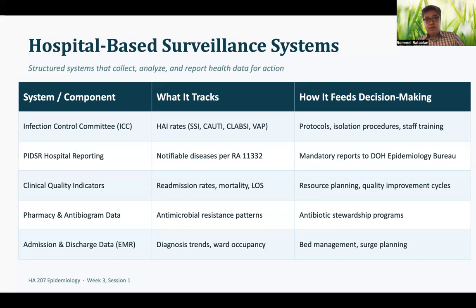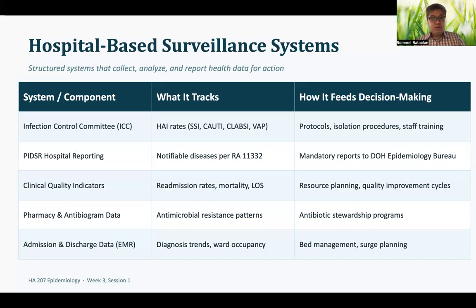So whether there are isolation procedures that need to be instituted, whether there are any staff training requirements, or there could be procurement decisions. Of course, this committee is very prominent, particularly during the pandemic period.